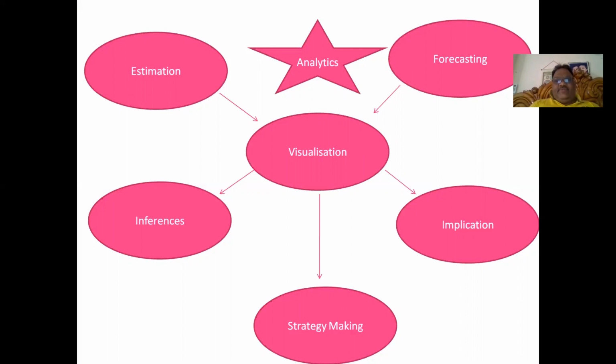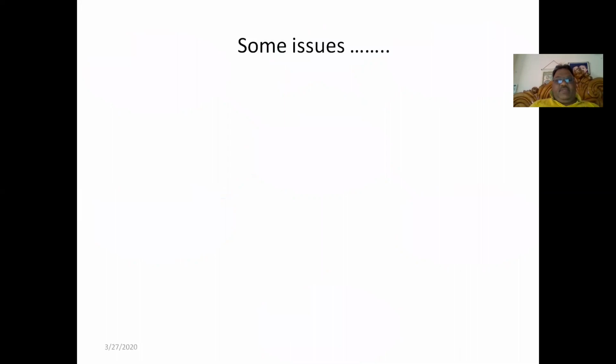Analytics helps with all these things. It helps us to estimate, to visualize, and to forecast the data. It also helps us find the implications of data for policymakers, managers or bureaucrats, and the inferences from the data. And lastly, it also helps to develop strategy.